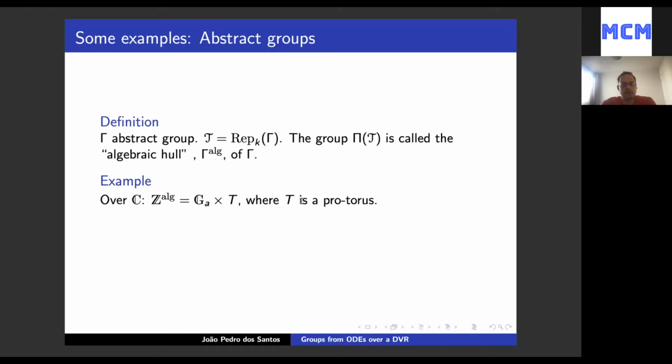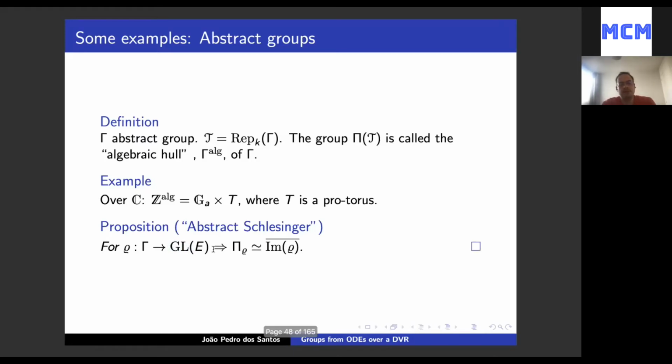And the interesting thing about this category is that you have this abstract Schlesinger theorem. Once you have an object in this category T, which is a representation, I can compute the Tannaka Galois group, and I can compute the image of this representation.